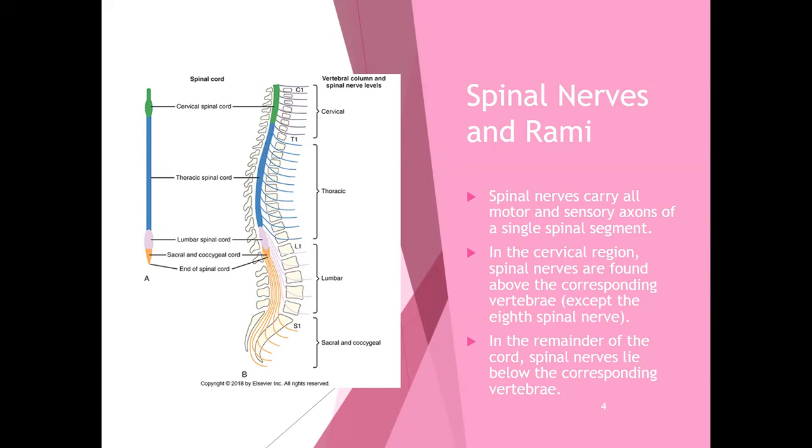So there is a little bit of a discrepancy between orthopedic diagnosis and neurological diagnosis levels of spinal cord injury. But in the spinal cord injury section, we'll talk about the diagnosis of spinal cord injuries and how they define the levels. The ASIA, the American Spinal Cord Injury Association, has a standard way of defining the level of a spinal cord injury. So we'll talk about that in a little bit.